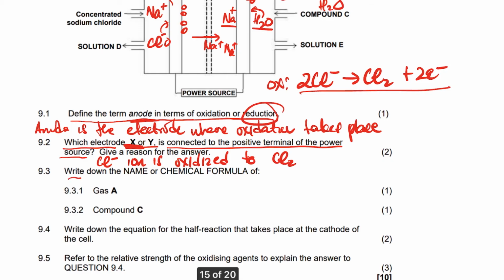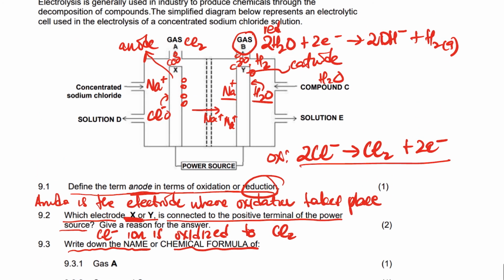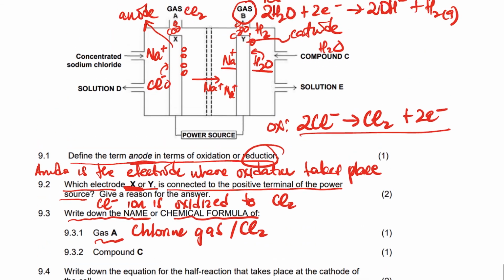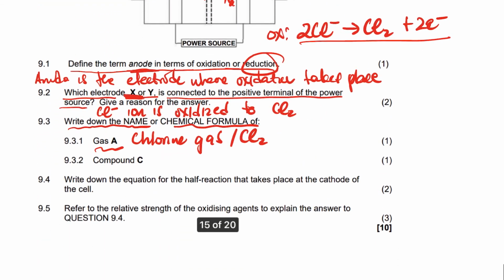Okay, now it says write down the name or the chemical formula for gas A. As I've mentioned, guys, gas A is going to be chlorine. It's chlorine gas, or you can say it's Cl2.